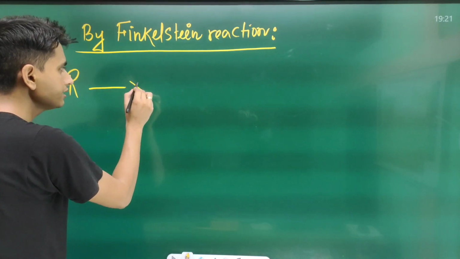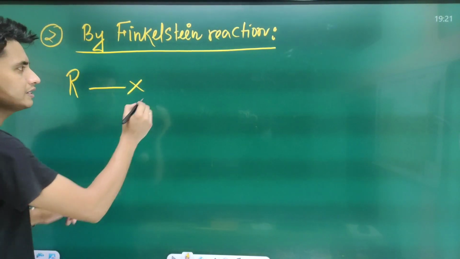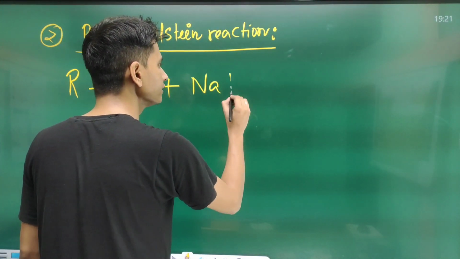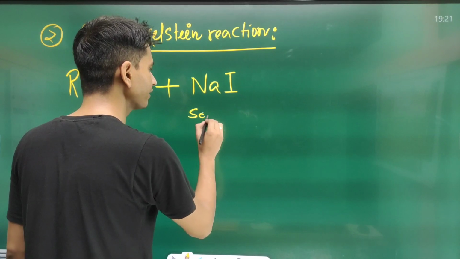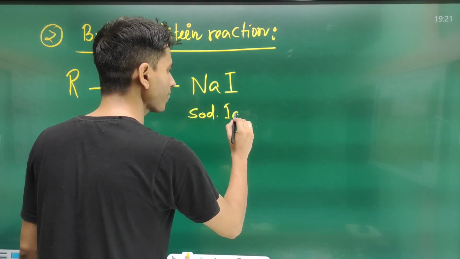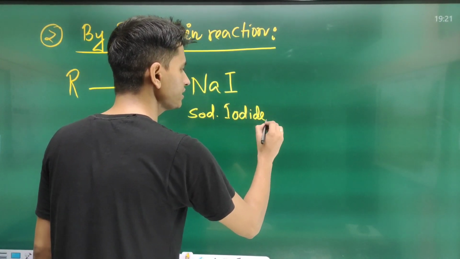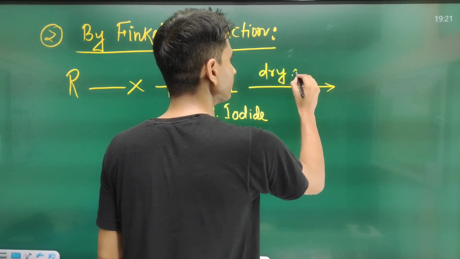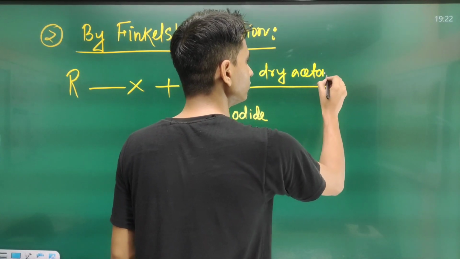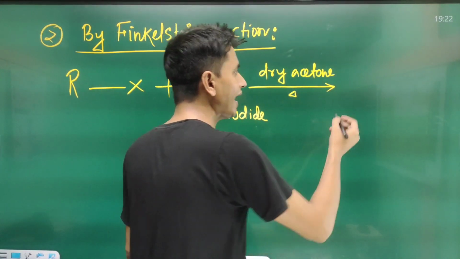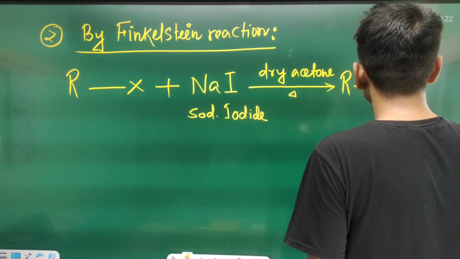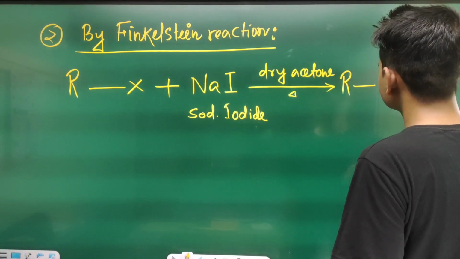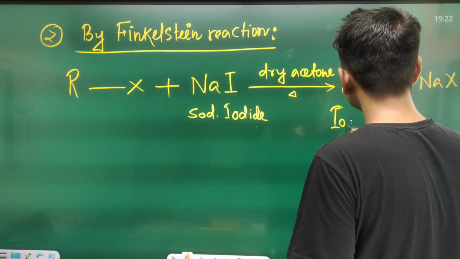When haloalkane is treated with sodium iodide, in presence of dry acetone, it will form iodoalkane, and byproduct is NaX. This is called iodoalkane.